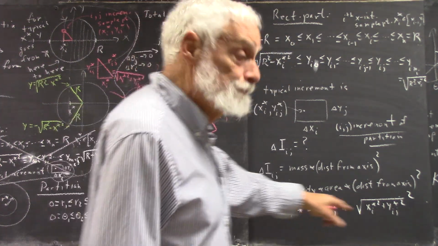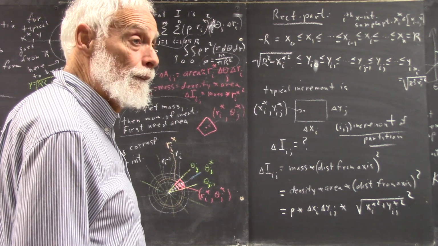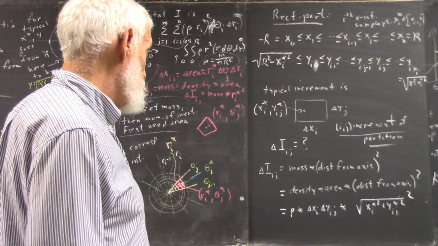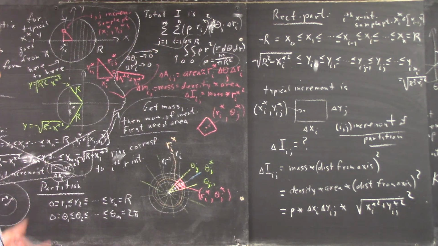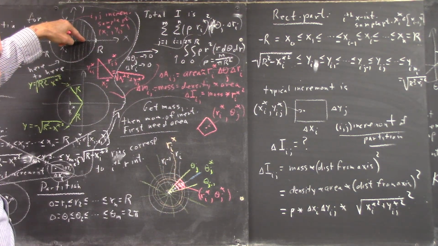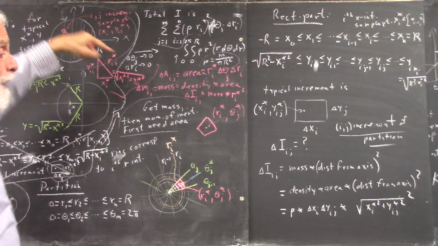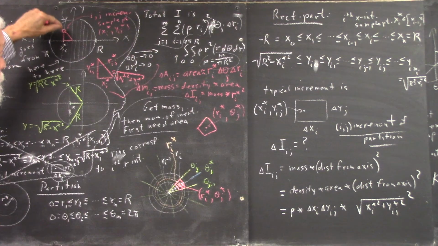Isn't it just delta y sub j? Huh? Isn't it delta y sub j? No. You got to know which sample point you're using, right? You got to have an i in there because this refers to the density of one single increment, or the area of one single increment.